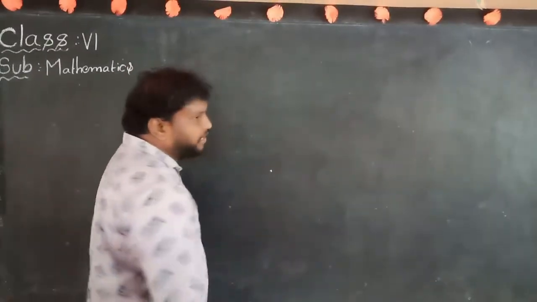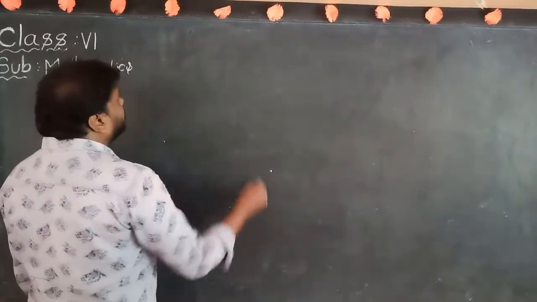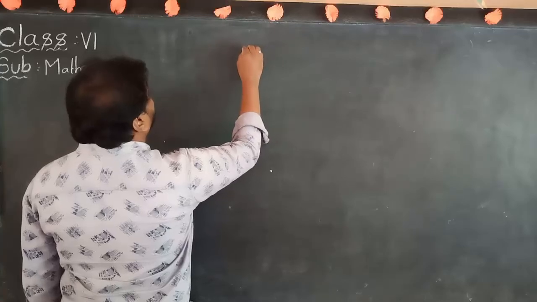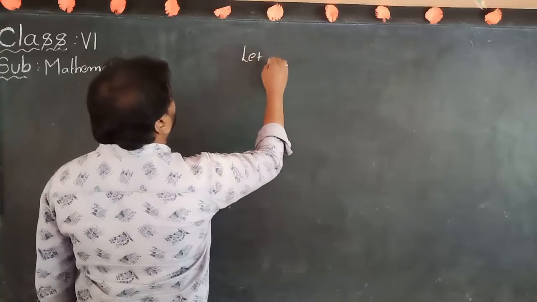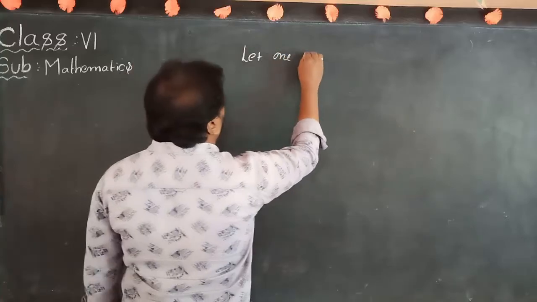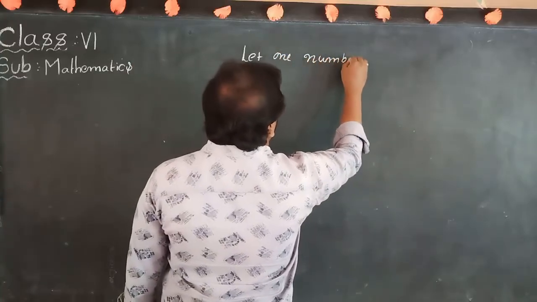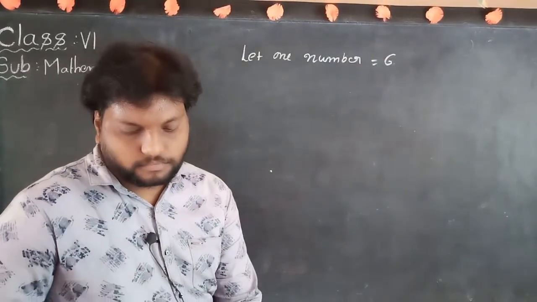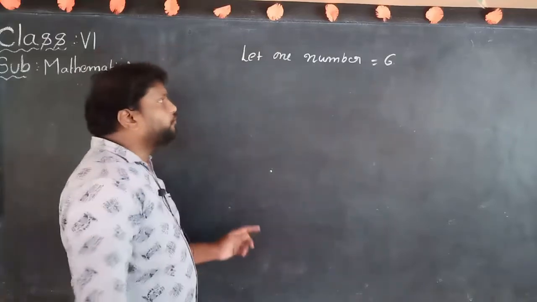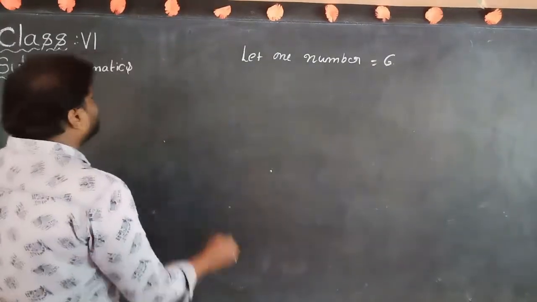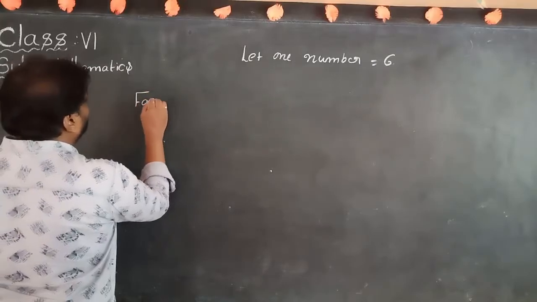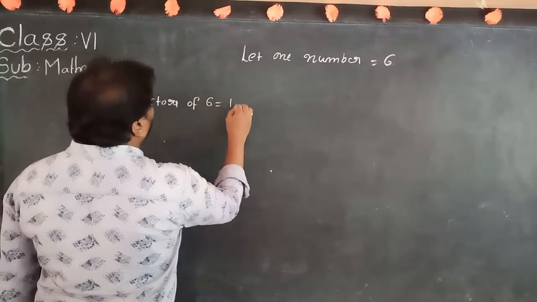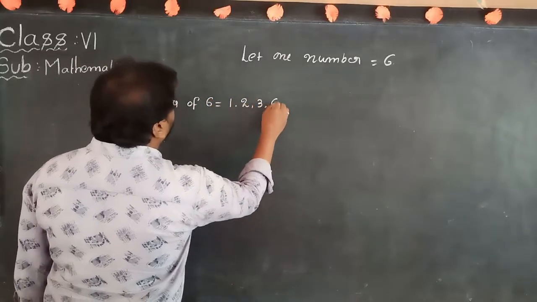Then we'll take a small value, let one number be 6. Now we'll find the factors of 6 and multiples of 6. First, factors of 6 are 1, 2, 3, 6.